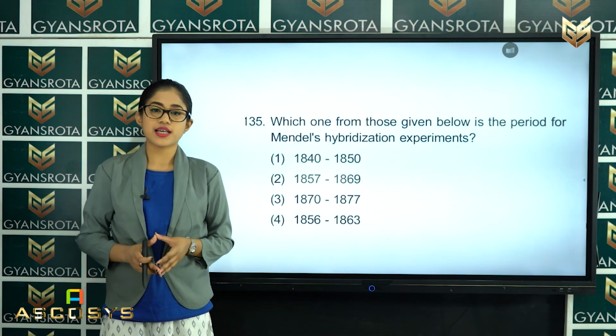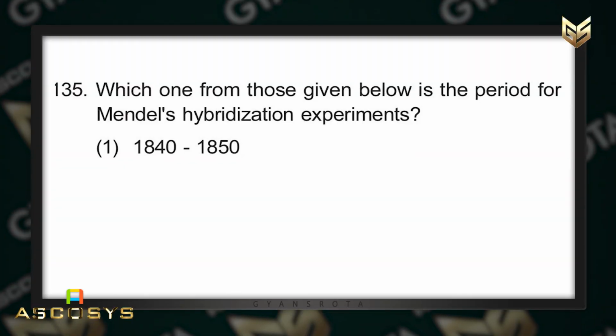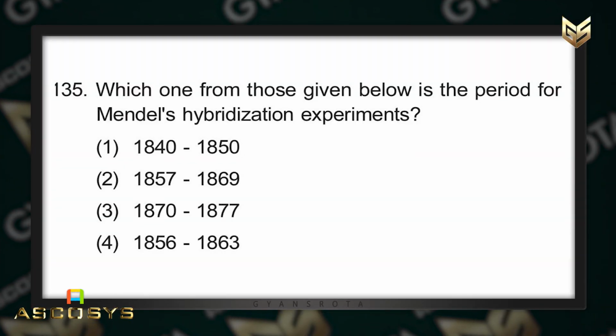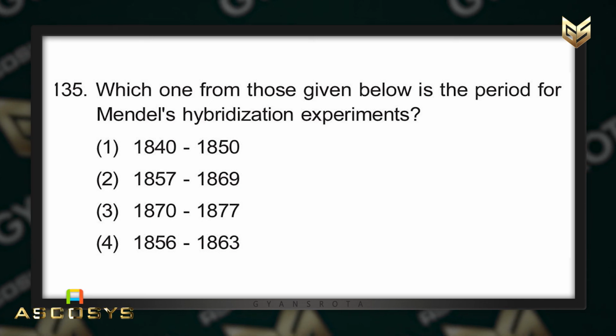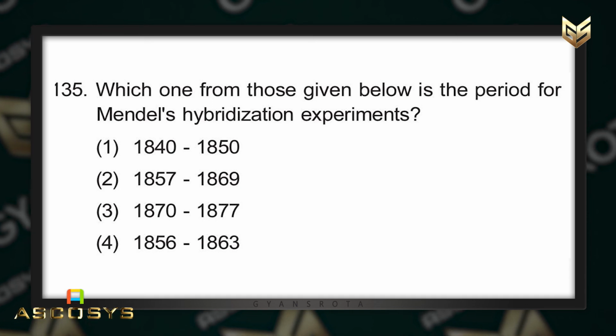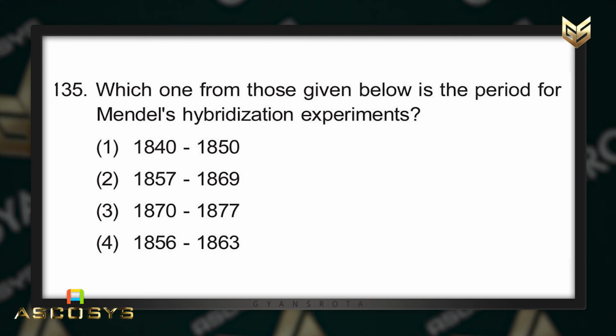In the next question, that is question number 135, which one from those given below is the period for Mendel's hybridization experiments? There are 4 options given: 1840 to 1850. Option number 2 is 1857 to 1869. Option number 3 is 1870 to 1877, and option number 4 is 1856 to 1863.